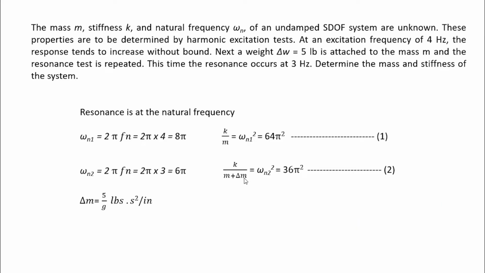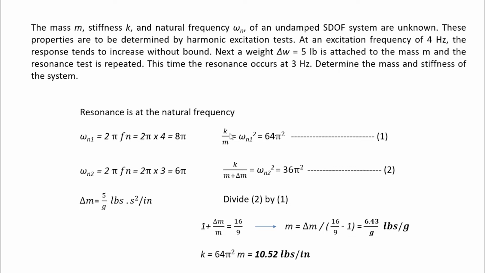So we know delta m is equal to the mass of this additional weight. We can calculate that the weight is 5. If you divide it by g, you get the mass. So substitute in these two equations, and if you divide this equation by this, you will get this, and eventually you can calculate the value of the mass.